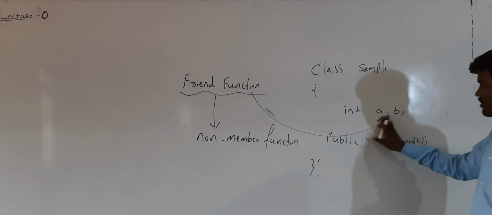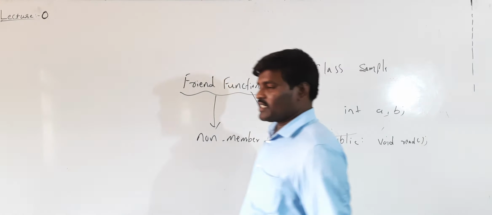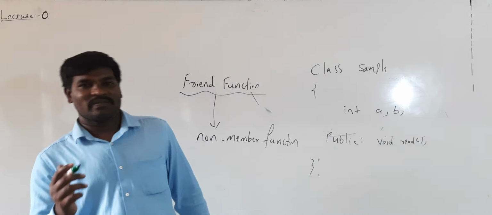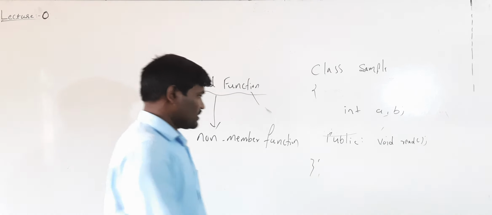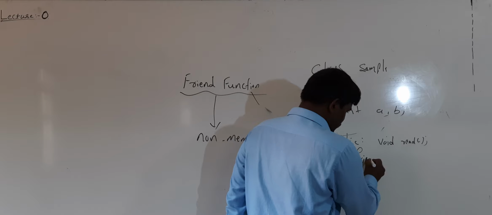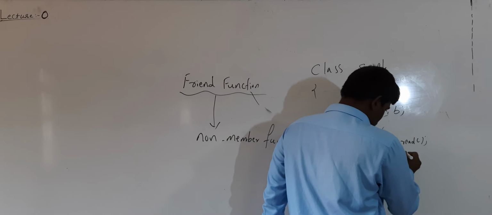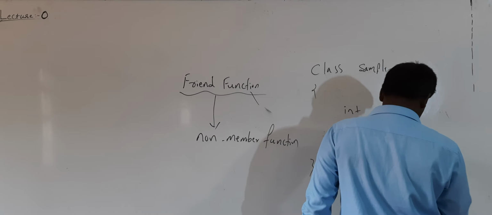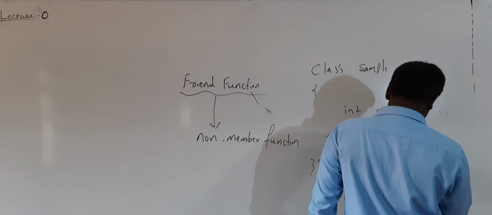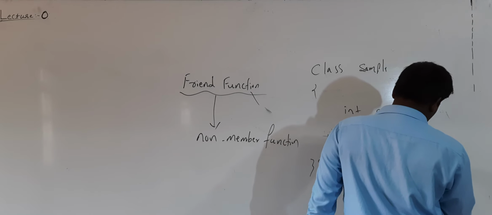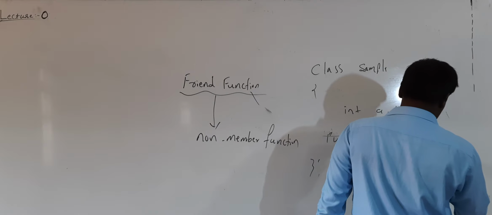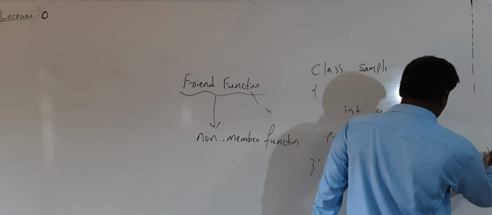Then the next question is how to declare the friend function. See here: friend void compute(sample).